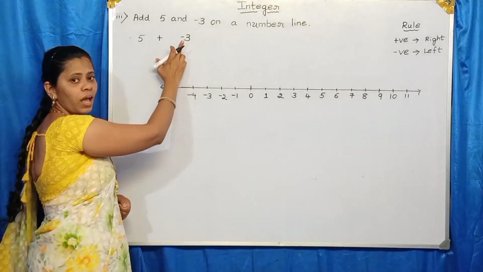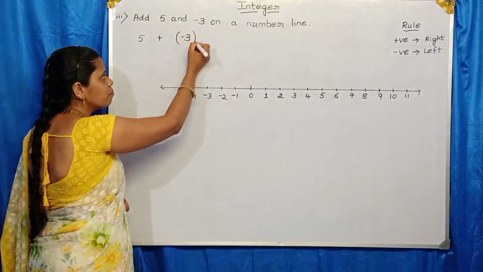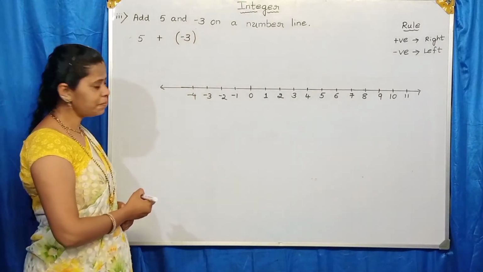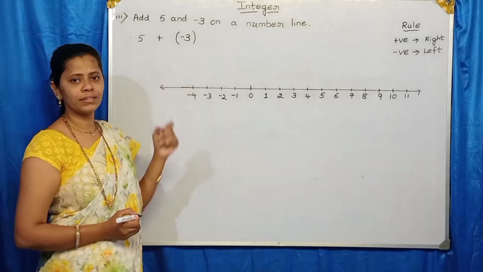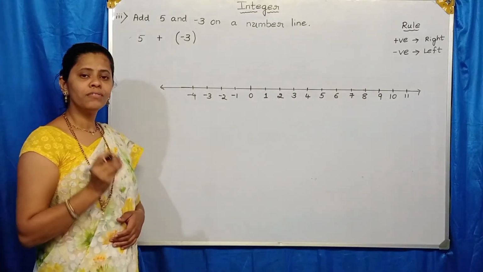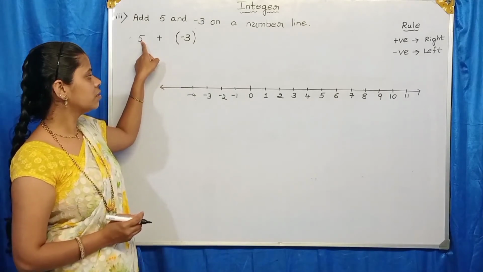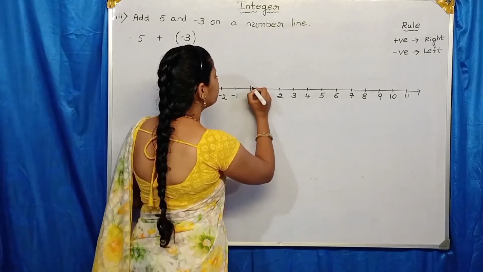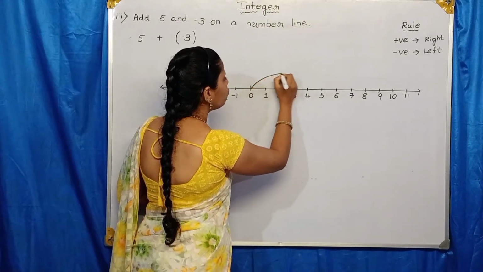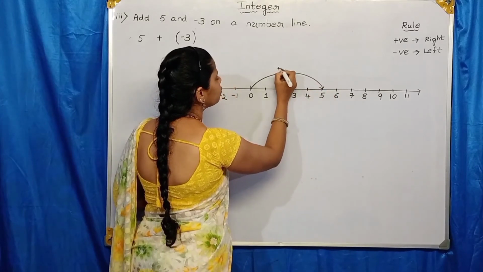See here, to avoid confusion, I will write this minus 3 in a bracket. Now, first let's mark the first number, that is plus 5. Plus 5 is here, isn't it? So, move 5 steps. Here plus 5.